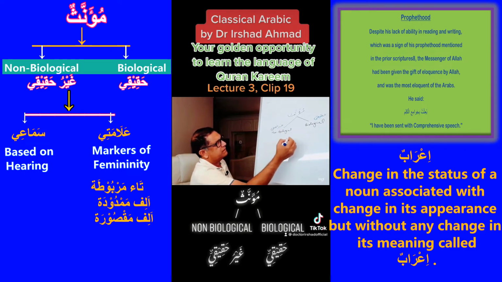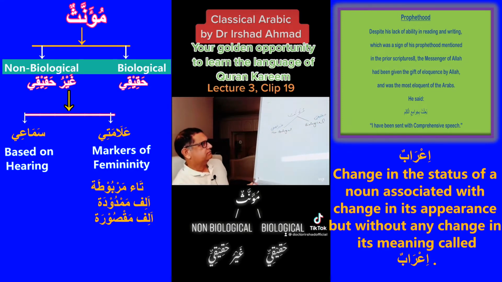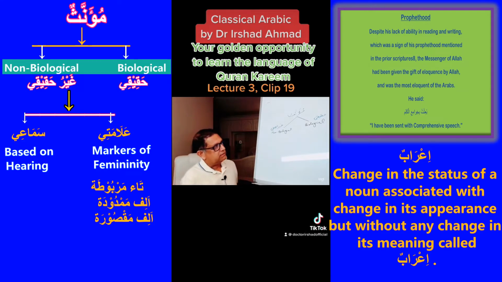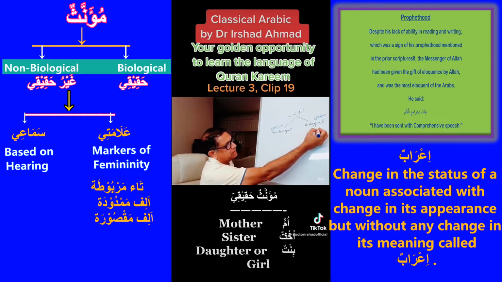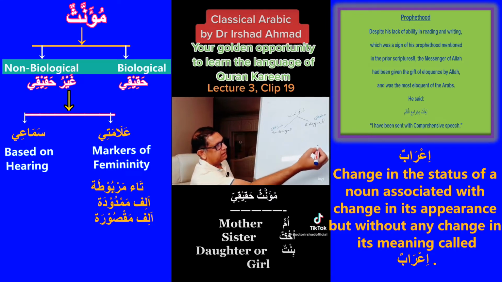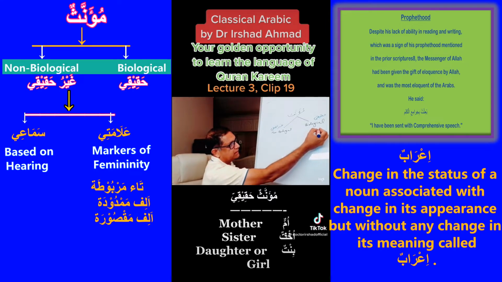Which basically means real muannas and the one which is not real, kind of translation. So biological, non-biological. Biological is easy because it is based on the sex of an individual, and it will be easy to see whether a noun is feminine as long as we know the meaning of that noun.